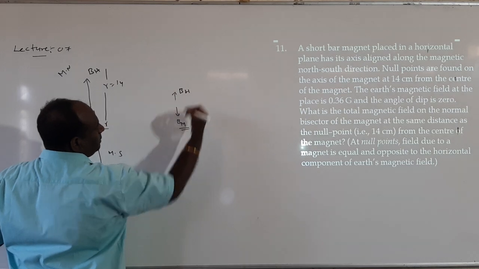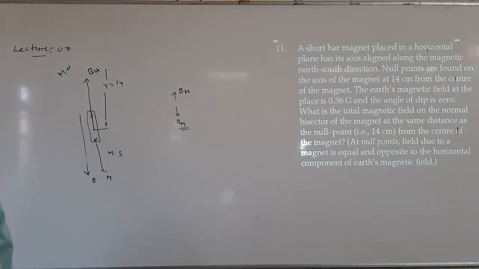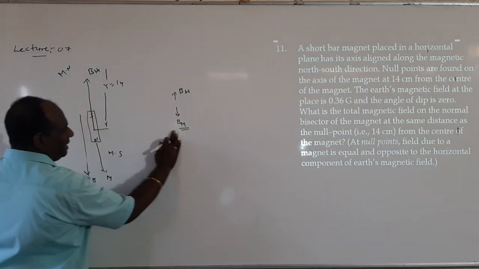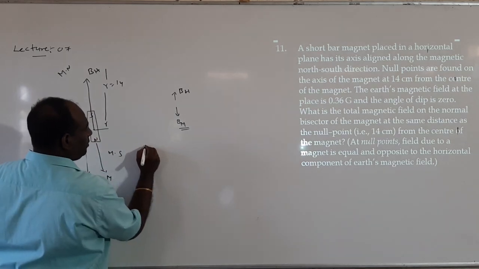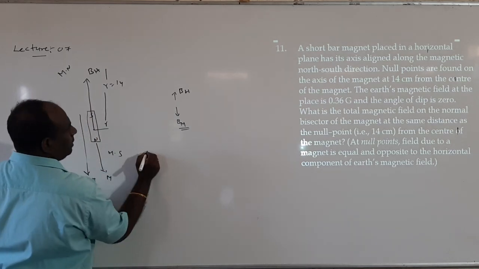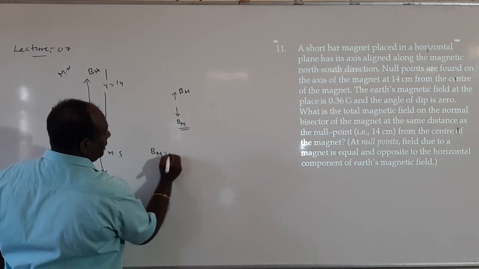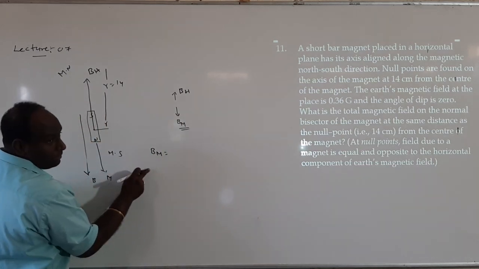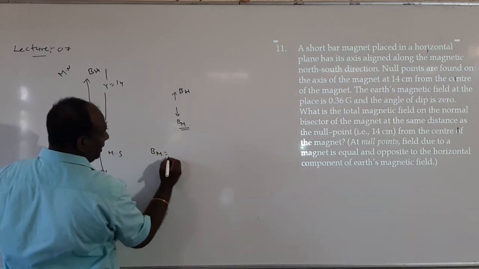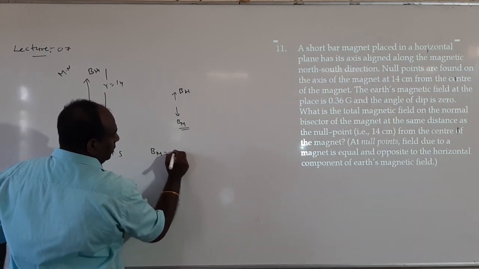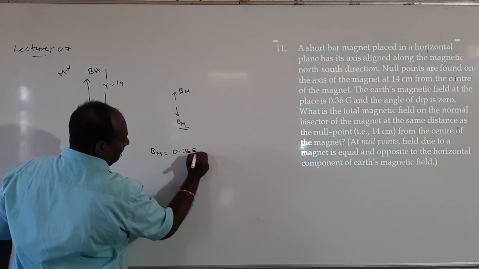Because of the earth's horizontal component, both are in opposite directions, so this is the null point. Both fields are equal and opposite. So the magnetic field produced by the bar magnet at this distance is equal to 0.36 G.